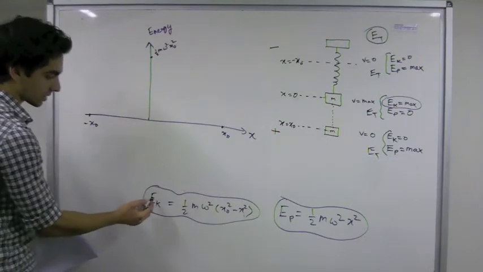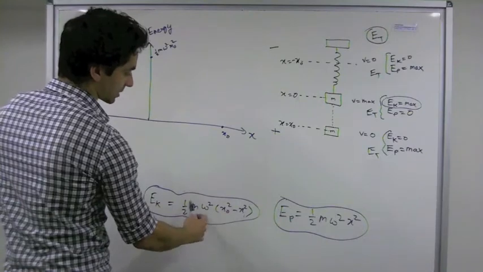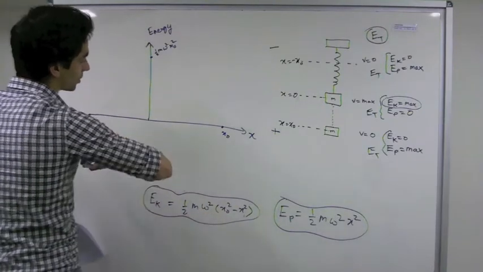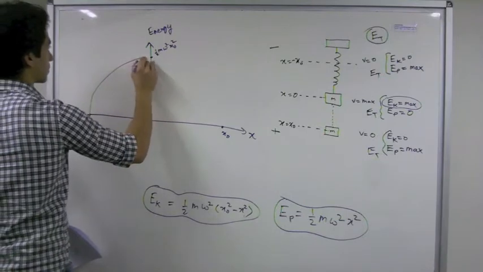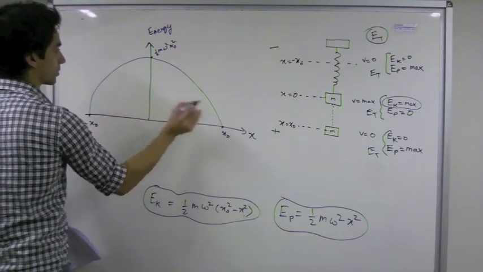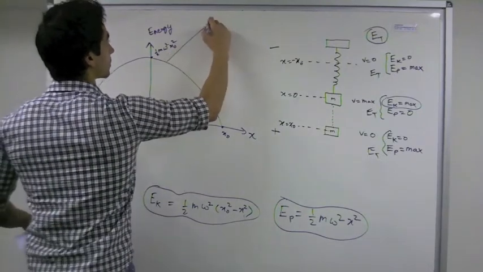Now you can see that the kinetic energy varies with the displacement as a quadratic function. So the curve would be a parabolic curve. So that's how the kinetic energy varies.